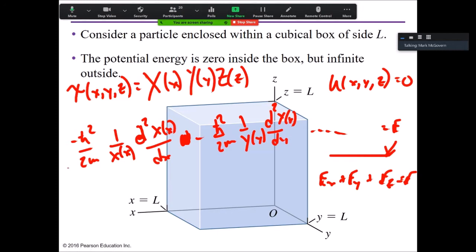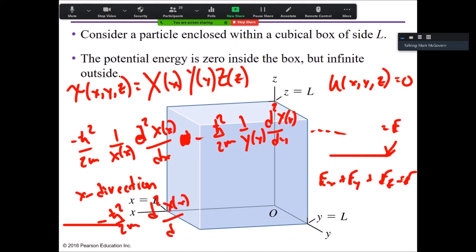So let me just show you one. Here's the x direction one, and by the way, you can apply the same thing to y and z. The x direction one looks like this: minus h bar squared over 2m times the second derivative of X equals E sub x times the function in x.